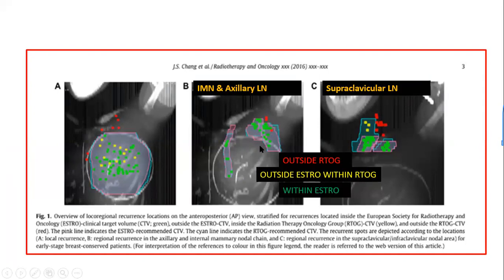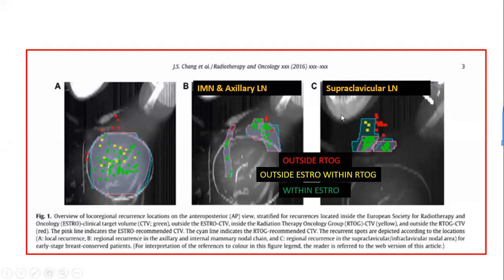All the relapses which we can see are within the ESTRO. The green ones are the ESTRO and the yellow ones are between ESTRO and RTOG. In this paper they have found that around 93% are within the ESTRO, and very few relapses are outside RTOG. So there is no single node which is in between both the RTOG and ESTRO.